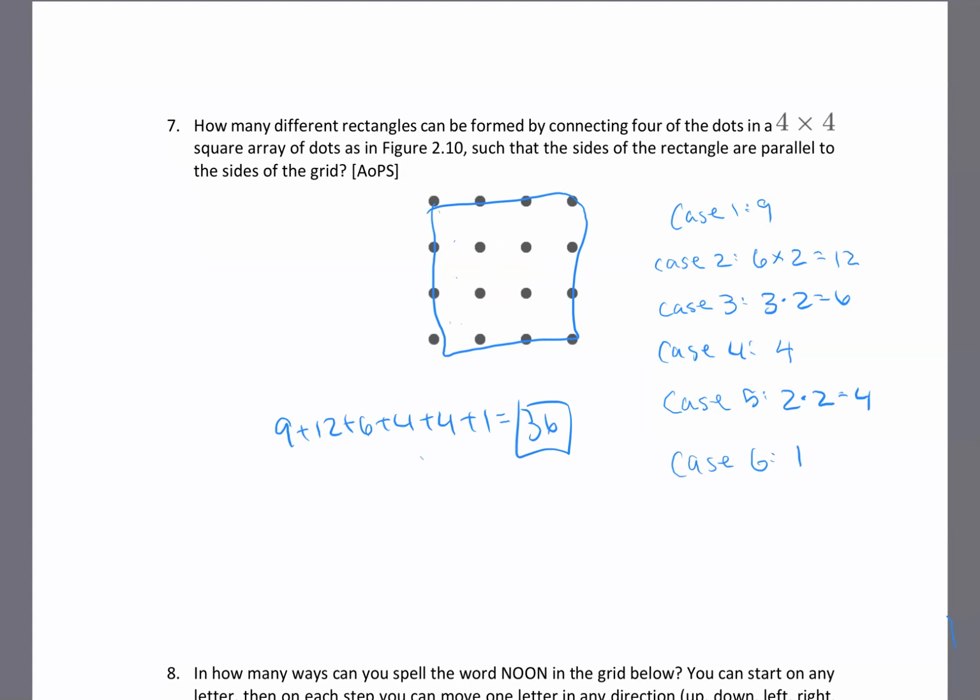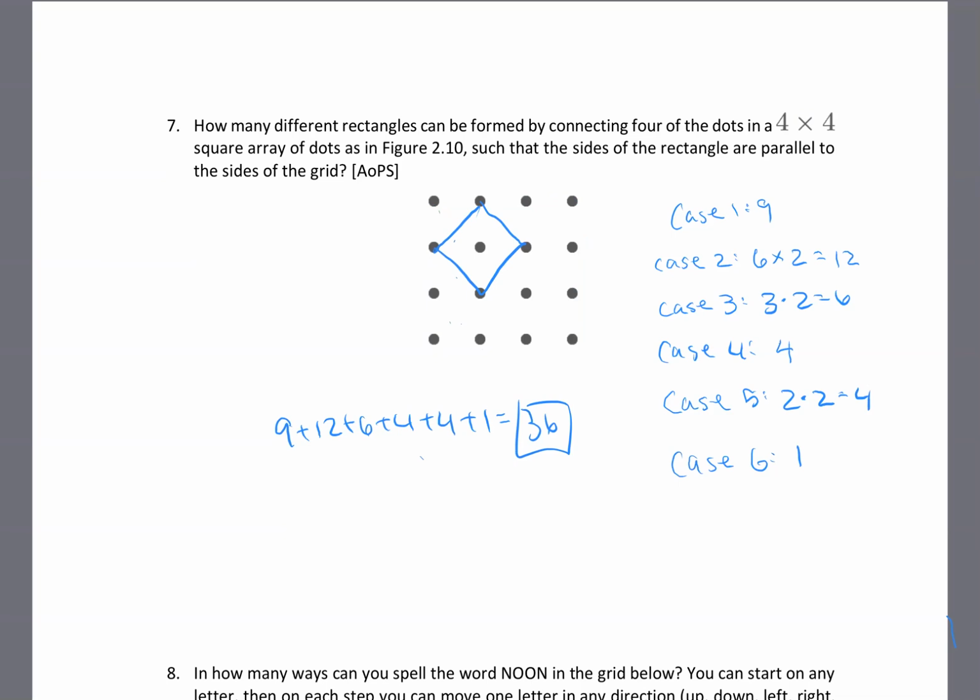So do you guys have any questions? Okay, we cannot have diagonal rectangles or diamonds or something. You guys are talking about like this, right?